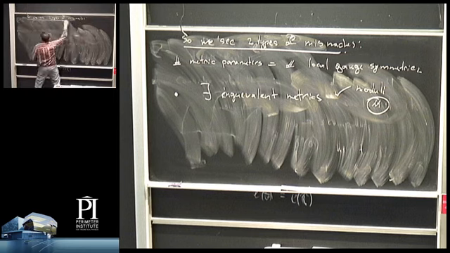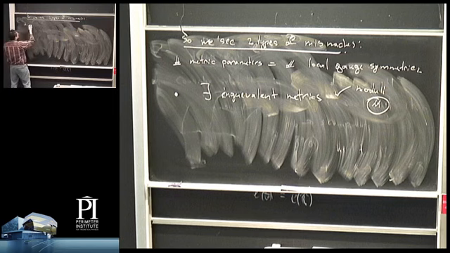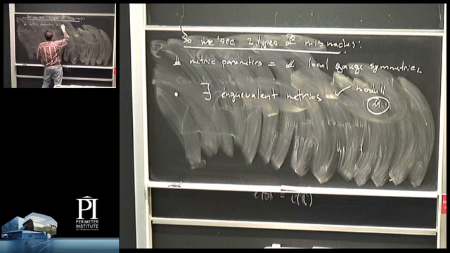Okay. So when we try to match the number of metric parameters equals to the number of local gauge symmetries.